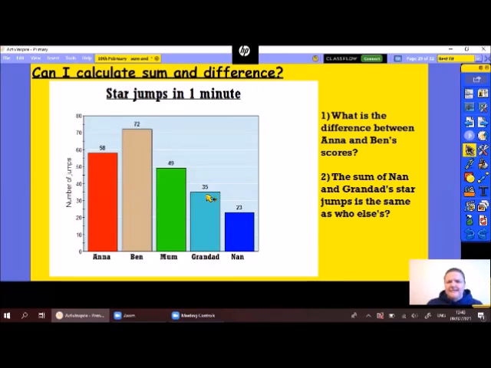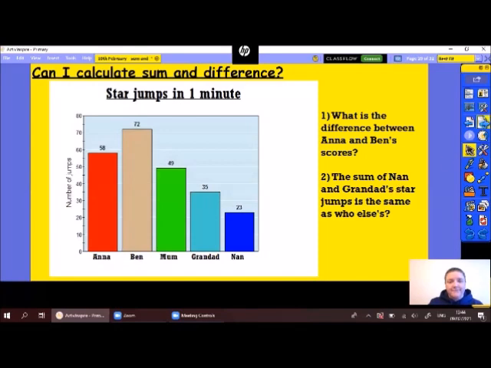But 58 isn't the answer to this question. It says the sum of Nan and Grandad's star jumps is the same as who else's. So who else got 58 star jumps? Well, we look here, no. There we go. So it was Anna. So Nan and Grandad together both got the same amount as Anna did on her own. Well done if you got those.